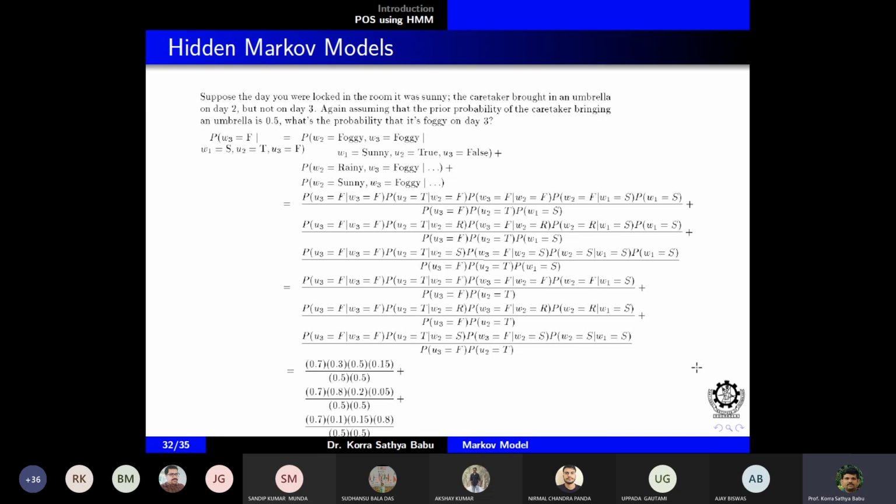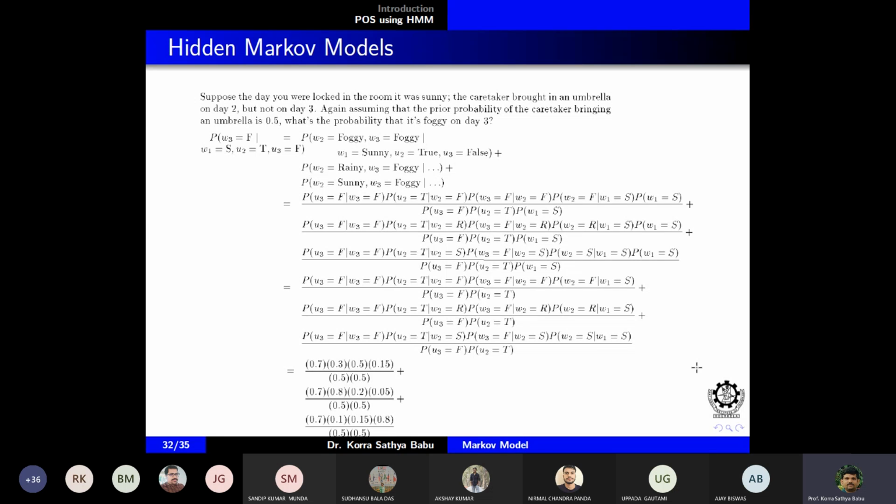So again, substituting the values, you write the probability of W3 equal to F, foggy, given W1 equal to sunny and U2 equal to true and U3 equal to false. In the second day he brought the umbrella and the third day he did not bring the umbrella.